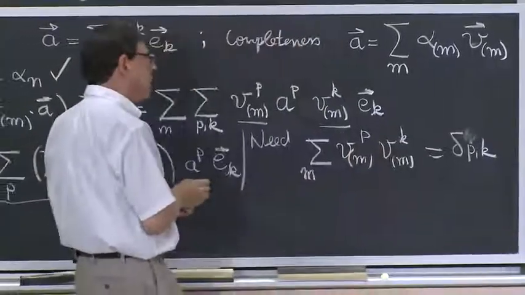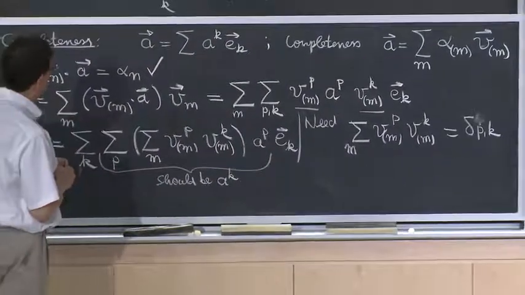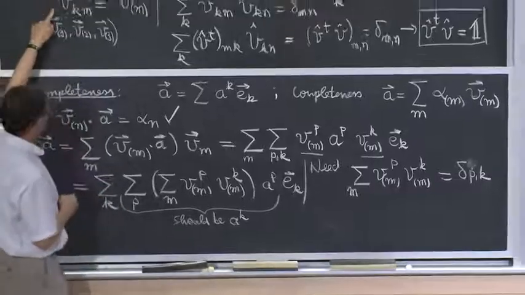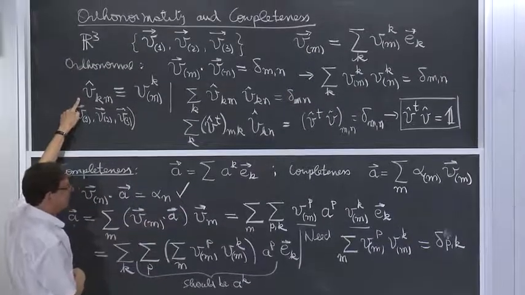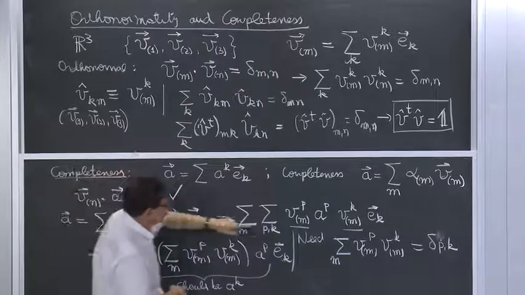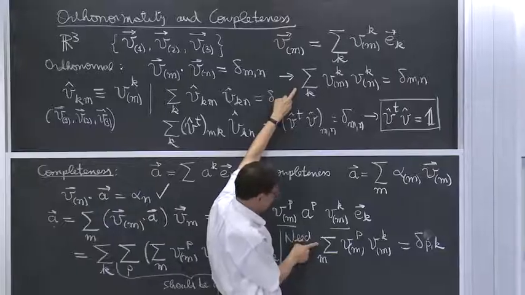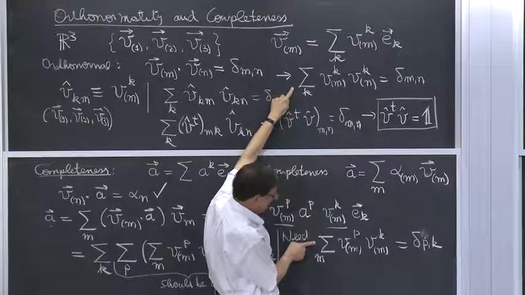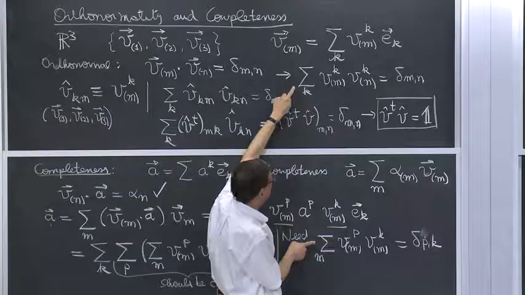This should be true. Now let's use the matrix notation we introduced before, in which we want to see what this is as a matrix. It's also interesting, of course, to compare at this stage the two cases we have, in which for orthonormality you sum over k, which is the index for the components.